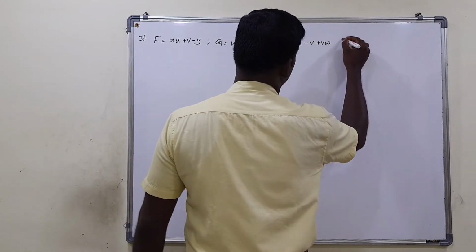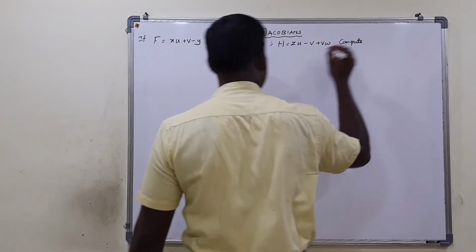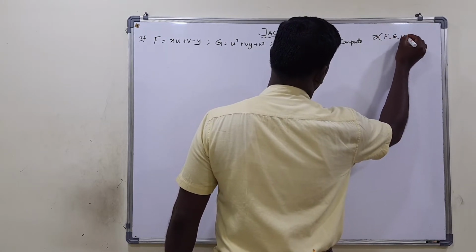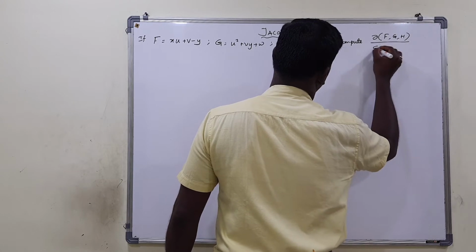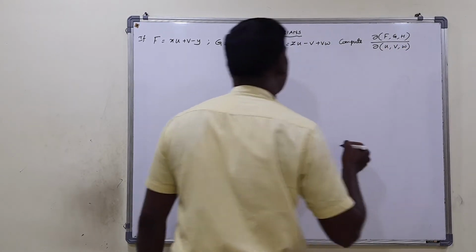Compute dou of F G H with respect to dou of U V W.